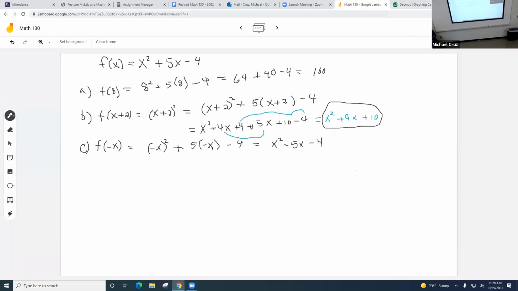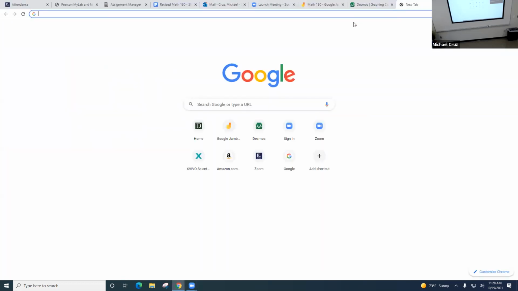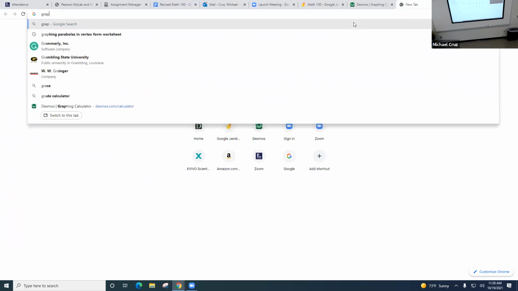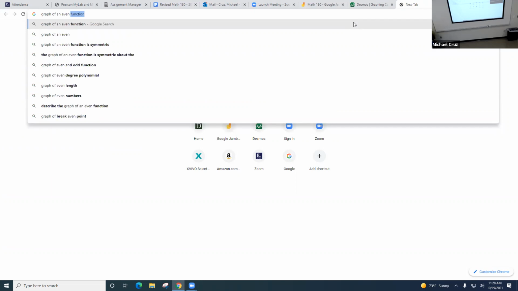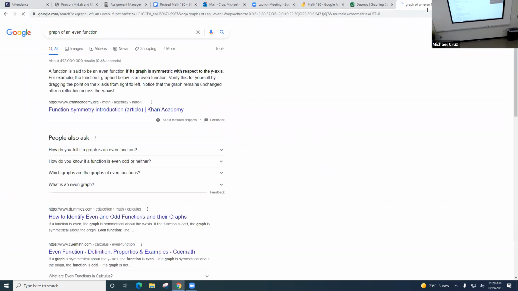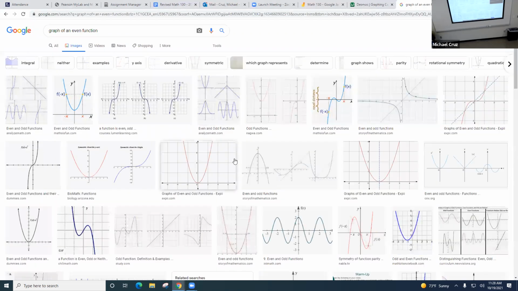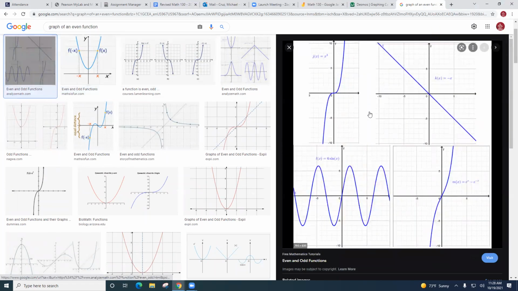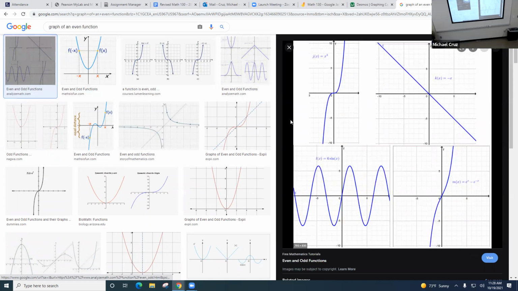Let me see if I can give you a picture, because like I said, we don't know what that graph is. So see. Neither. Yeah, it's going to be neither.